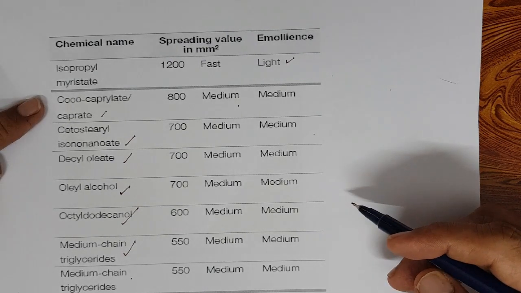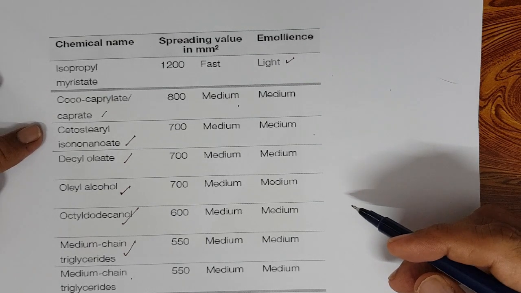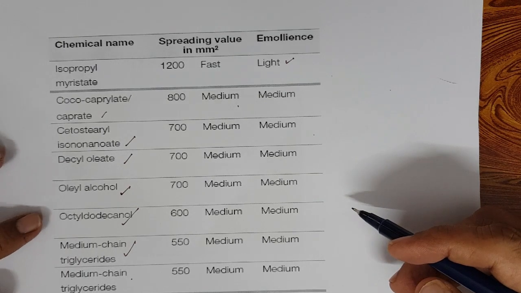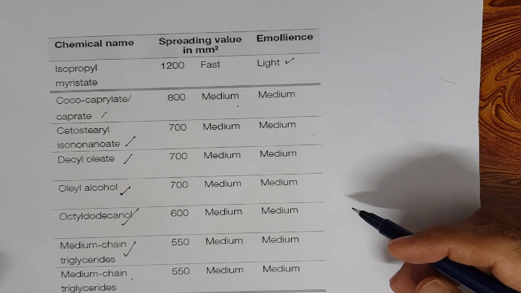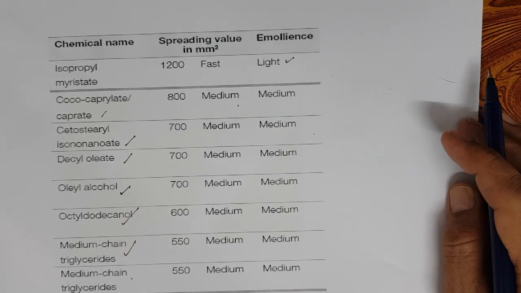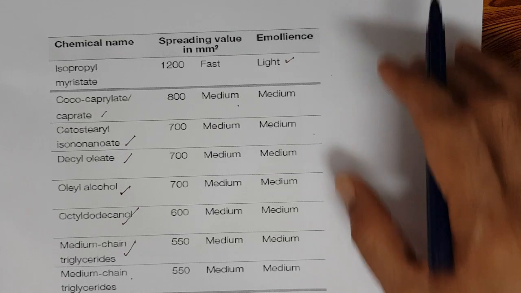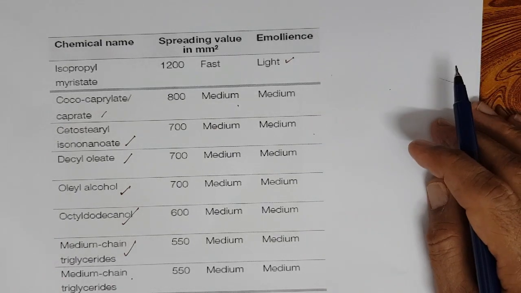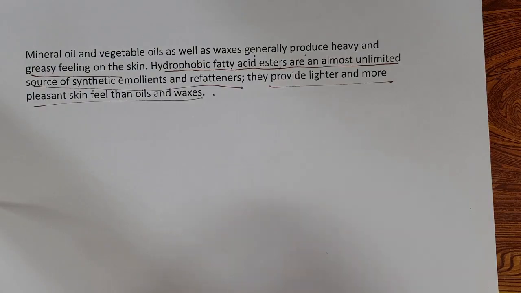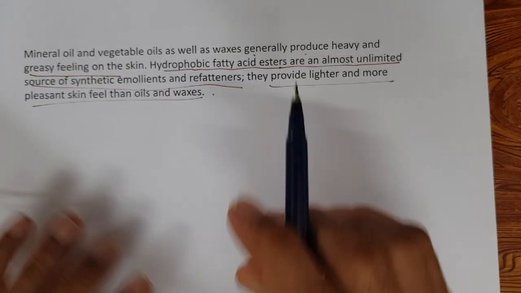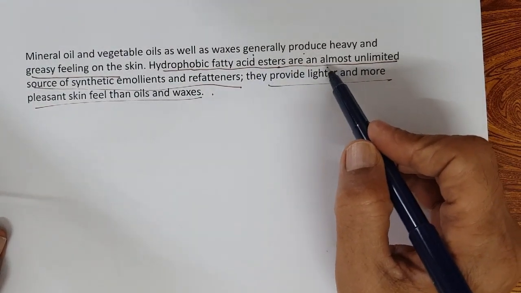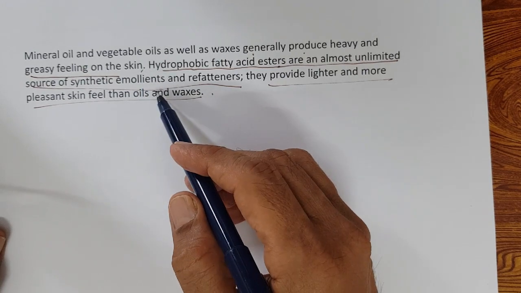Isopropyl myristate, cocoyl caprylate caprate, cetostearyl isononanoate, dicaprylyl oleate, oleyl alcohol, octyldodecanol, medium chain triglyceride, cetyl palmitate. So what is the emollience? It's medium to light to rich. So these are the examples of the synthetic esters. So mineral oil and vegetable oils as well as waxes generally produce a heavy greasy feeling on the skin, right?